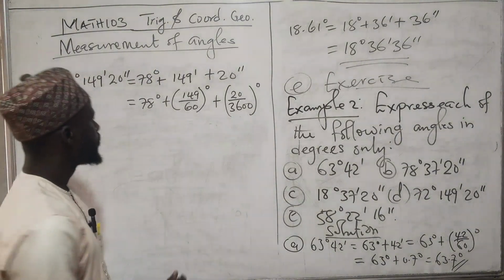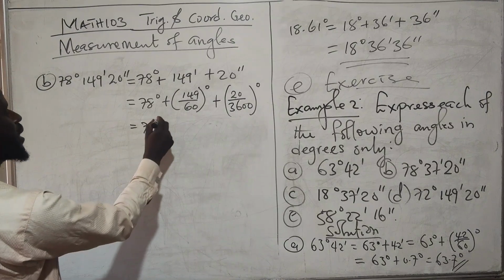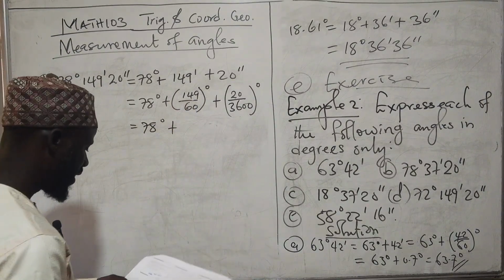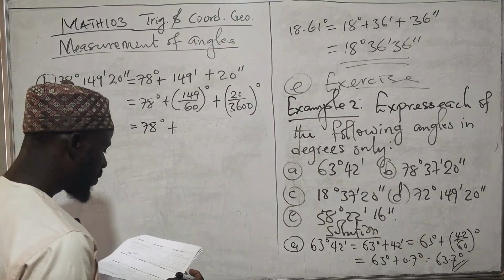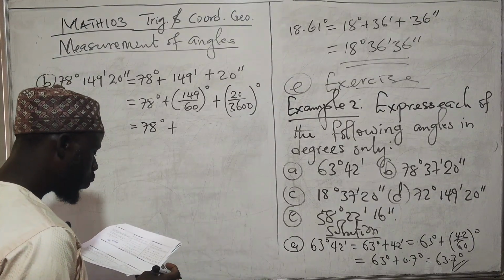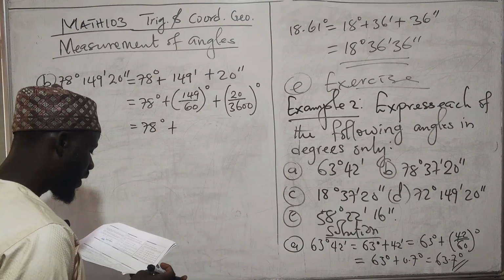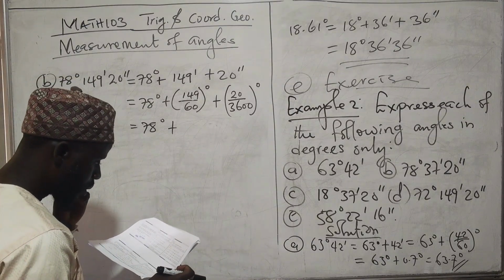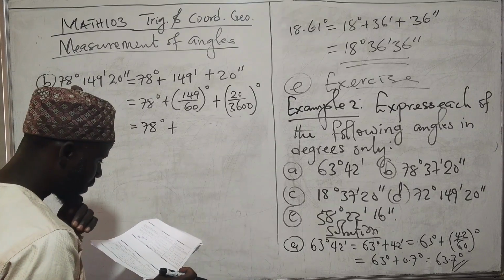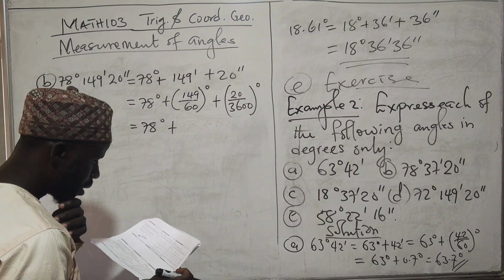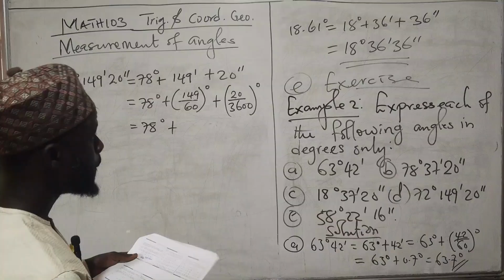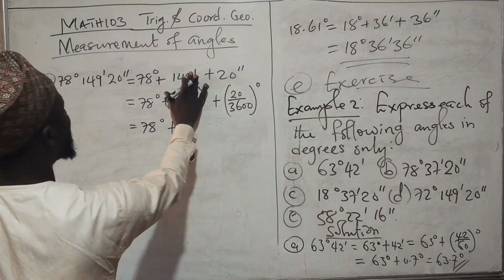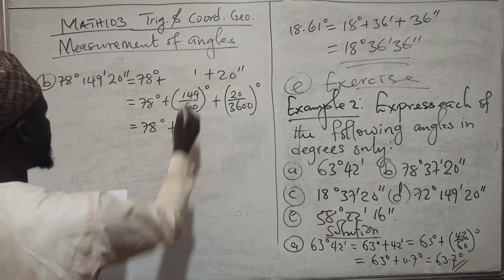So 78 degrees plus 149 divided by 60, after using a calculator, so 149, there's a mistake here. This is not 149, but I think it's 22.